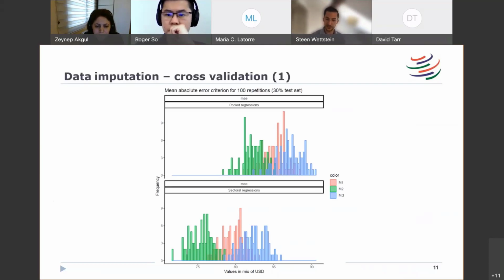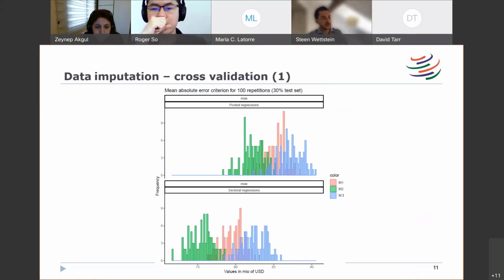And then you compute the differences, the error that you make. Each little bar represents the mean absolute error that you make in each repetition of this algorithm. We did it above for the pooled regressions and for the sectoral regressions, for the different specifications that I showed previously.